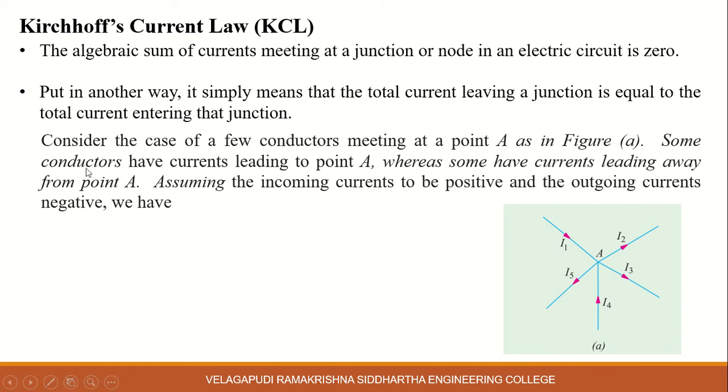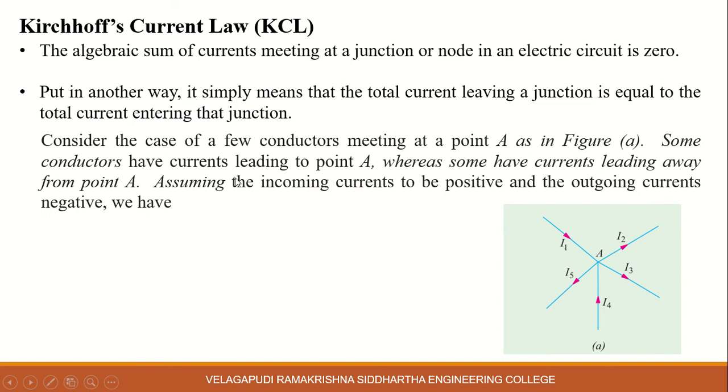So consider the case of a few conductors meeting at a point A, as in figure A. Observe the node A. Here the conductors carry currents I1, I2, I3, I4, I5.